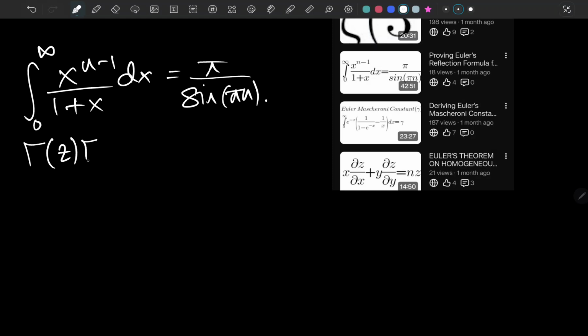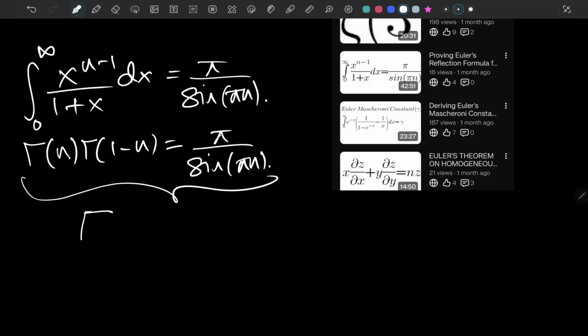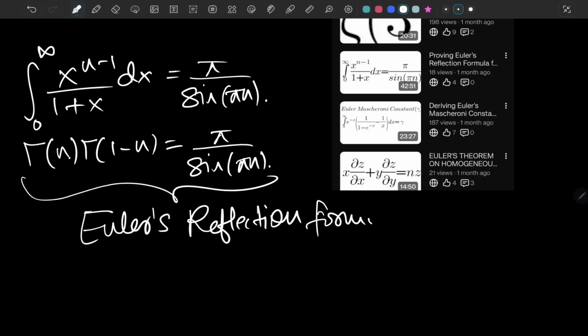Gamma of z times gamma of 1 minus z equals, or let's consider n here, gamma of n times gamma of 1 minus n equals pi over sine of pi n, and this is known as Euler's reflection formula. I have proved this a lot of times, so you can just check that out if you want.